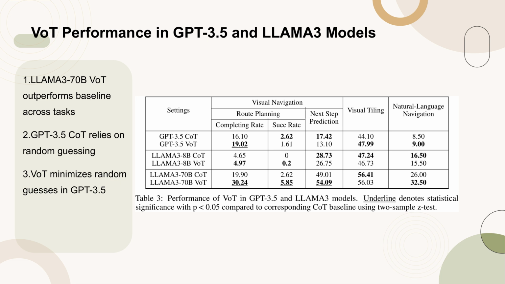However, GPT 3.5 VOT effectively reduces these random guesses, demonstrating its efficacy in minimizing unpredictability. This table highlights the potential of VOT to enhance performance, especially in larger models, while also revealing the limitations of less capable models in sustaining reliable reasoning processes.